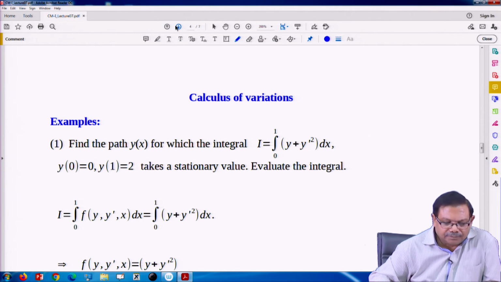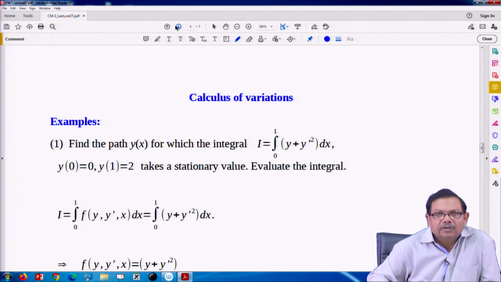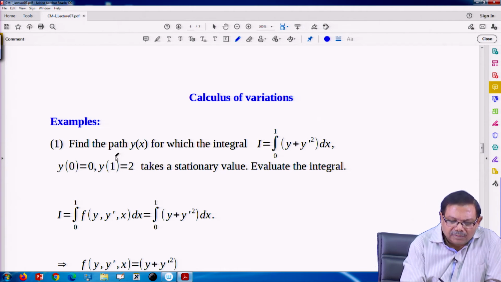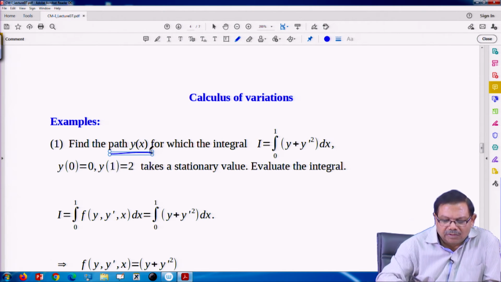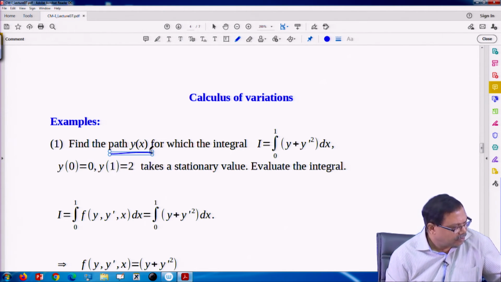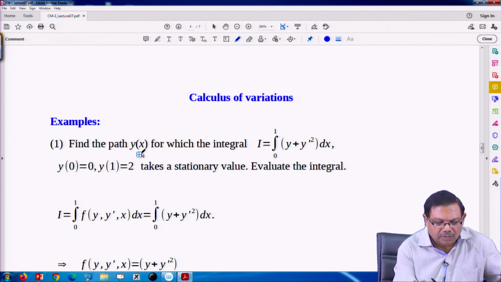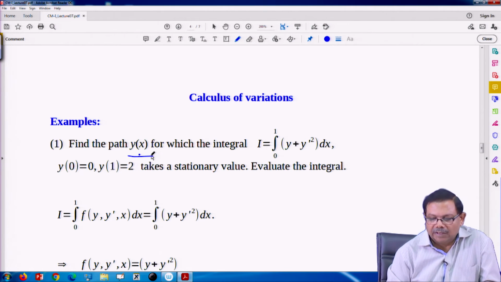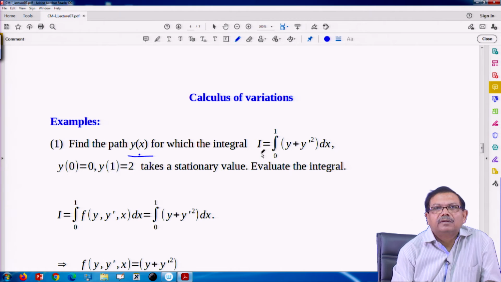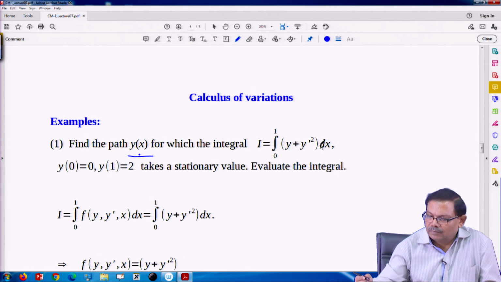So, let us say we have to find a path or an equation for y. We do not know this function yet; we have to find it such that this integral from 0 to 1 of y plus y prime square, over dx, is stationary.